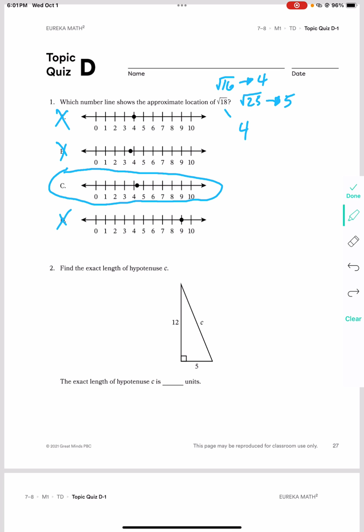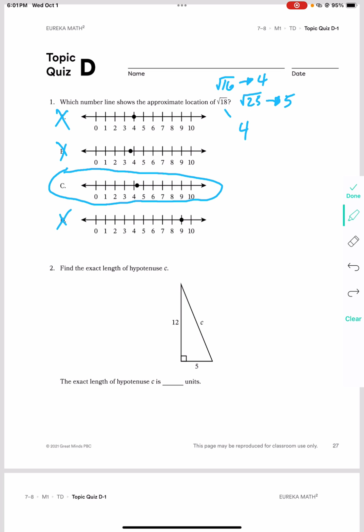Okay, but now just for the sake of learning how to do this, I'm going to finish working the problem out and help you realize why the point is where it is in between 4 and 5. As we established earlier, the square root of 18 falls in between the square root of 16 and the square root of 25, which means it also falls between 4 and 5.